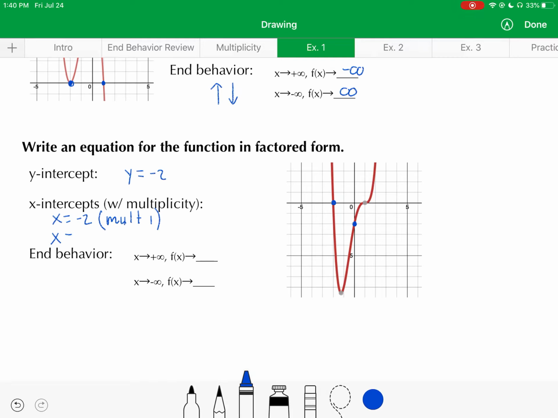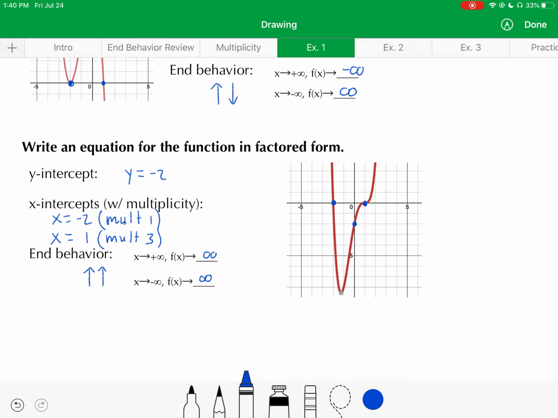I have another x-intercept at 1 right here, and for that I would say the multiplicity is most likely 3. That's because while we're crossing through to the other side of the x-axis, you see there's a little bend in the curve, okay? And then end behavior is up on both ends, meaning we're approaching positive infinity on both ends, okay?